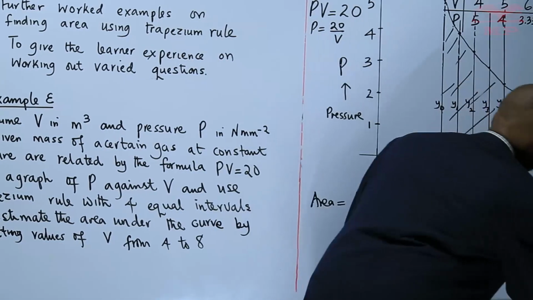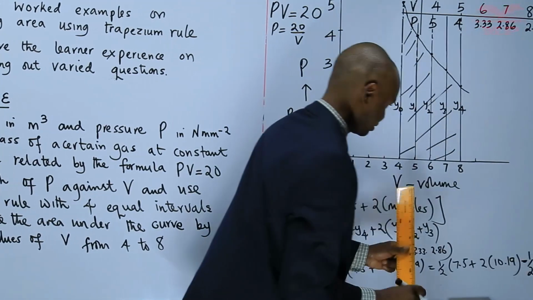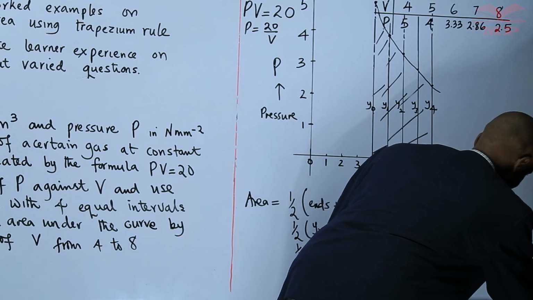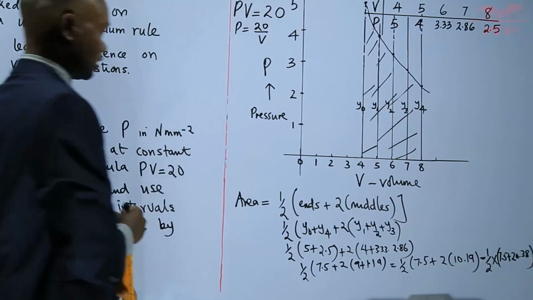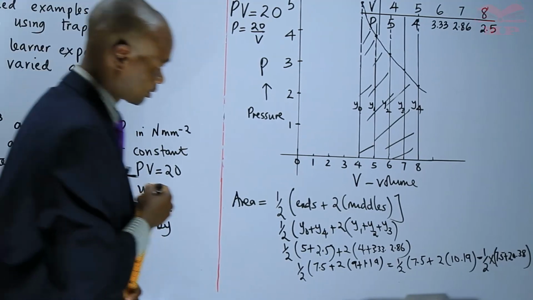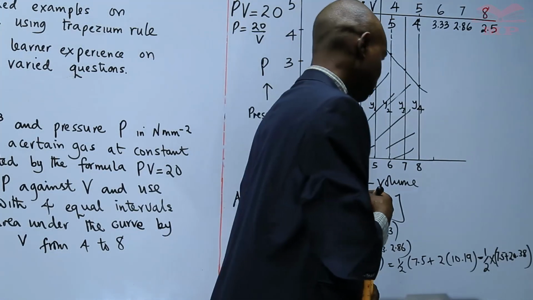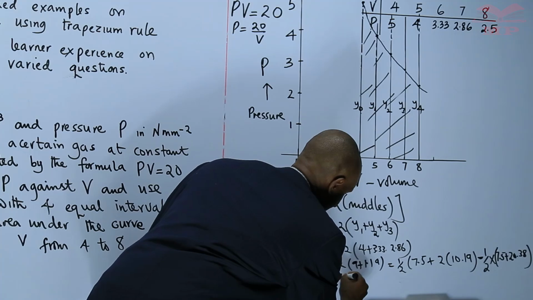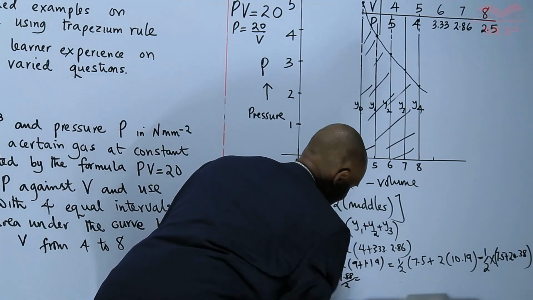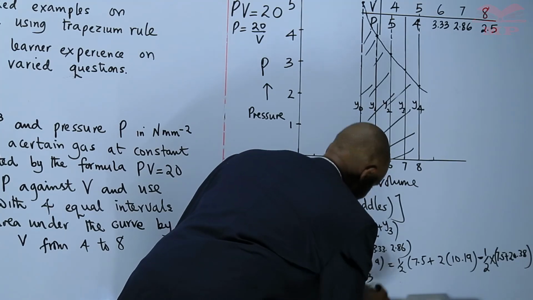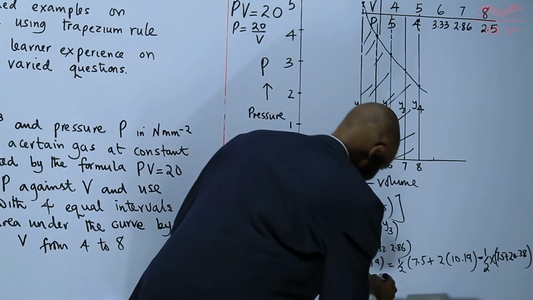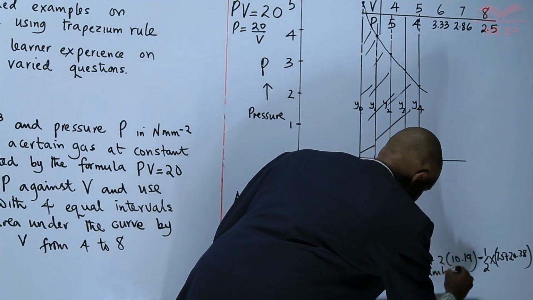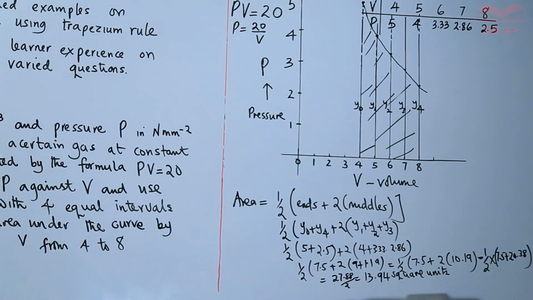So this will be a half times 7.5 plus 20.38. 7.5 plus 20.38 comes to 27.88, which is 27.88 divided by 2, which will give 13.94 square units. So it gives 13.94 square units.